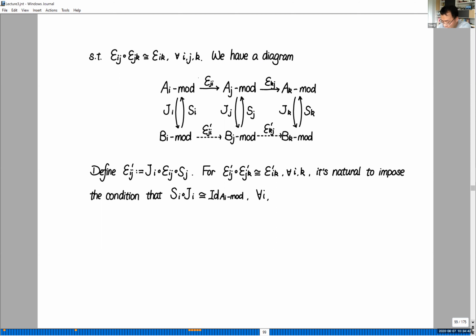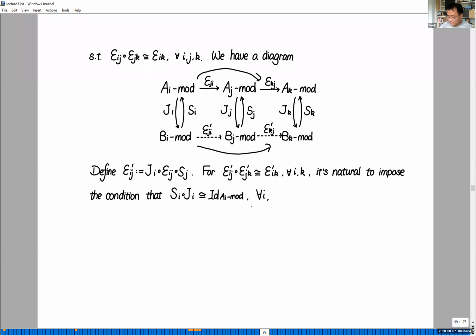The composition with J_K and J_I should be the same as the other way, and it's natural to see that all you need to impose is precisely that S_I composed with J_I is the identity functor on each A_I module category.